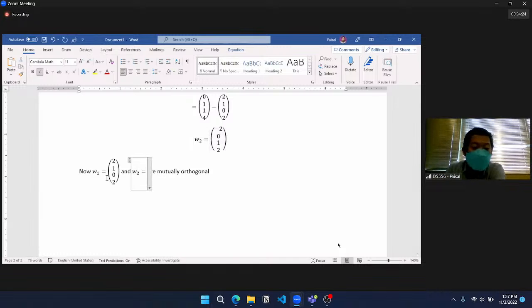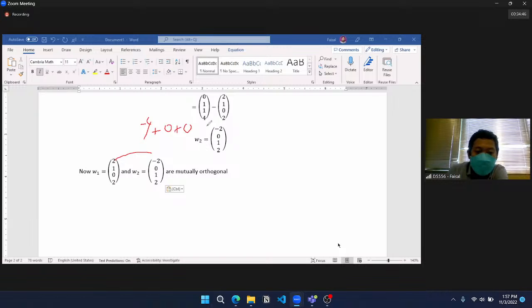Now W1 and W2 are orthogonal, so the dot product is 0. You can check: this is minus 4, 1 times 0 is 0, 0 times 1 is 0, and 2 times 2 is 4. So we have 0 in their dot product.